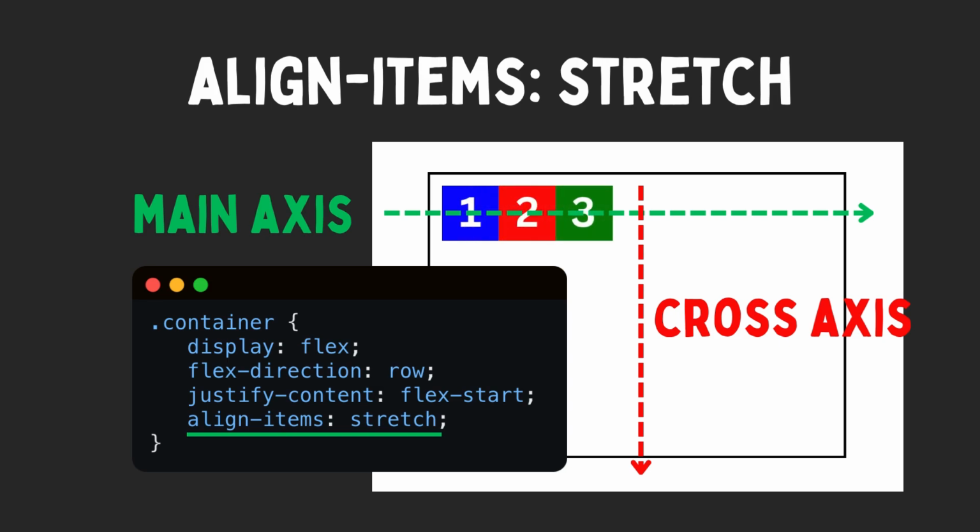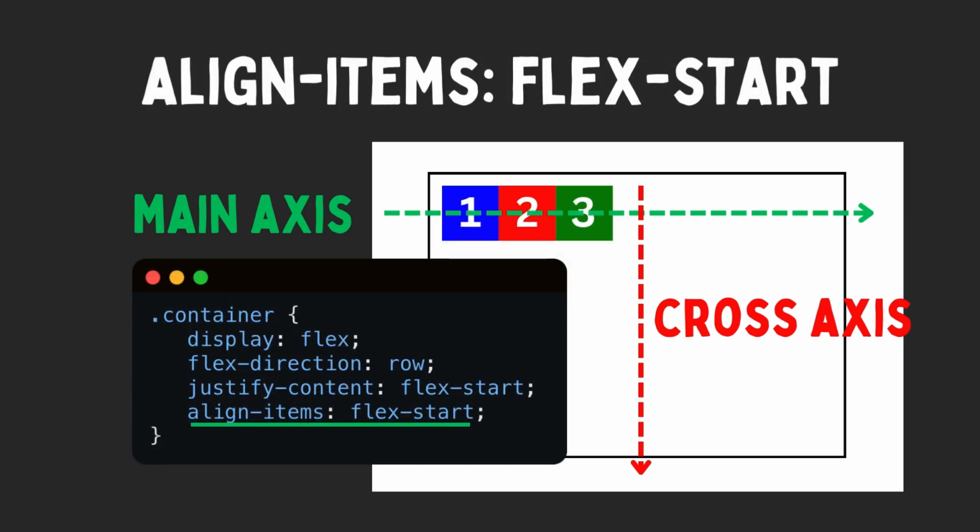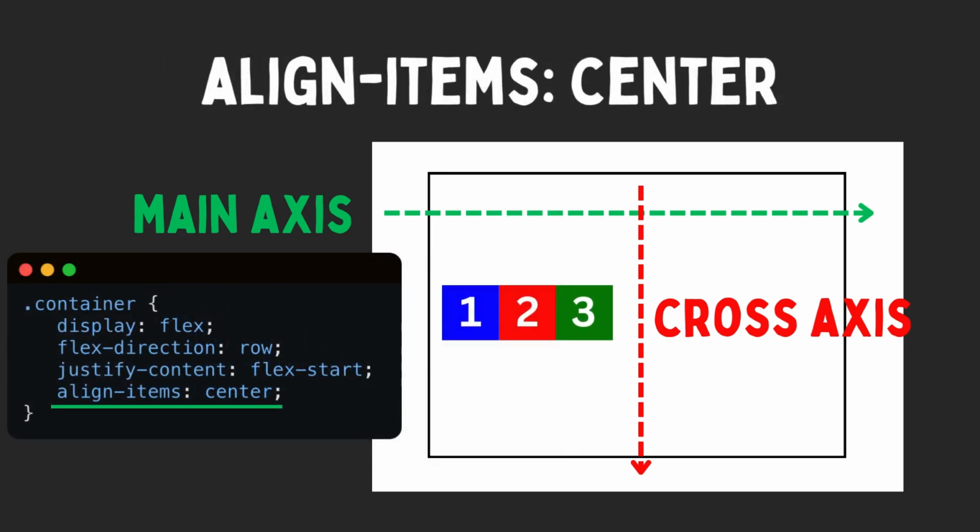By default, Flexbox uses align items stretch. This stretches the items to fill the container along the cross axes, as long as their height or width isn't explicitly set. If you want your items to align at the start of the cross axes, use align items flex start. To align items in the center, use align items center.